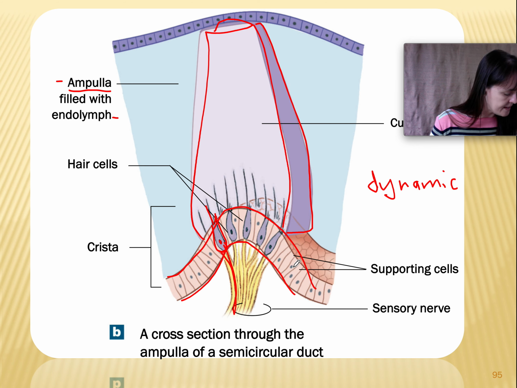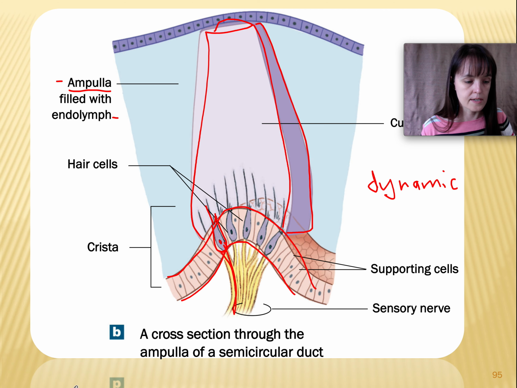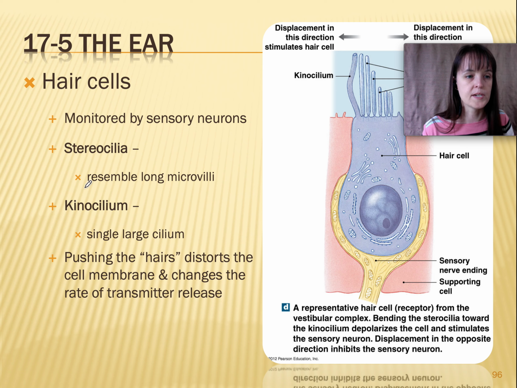And then the hair cells each have, just a second, I have this written down, I think. Okay, there you go. The hair cells are, actually, let's go to this next slide, it has more information. They are monitored by the sensory neurons, and they have 80 to 100 long stereocilia, which are long microvilli.